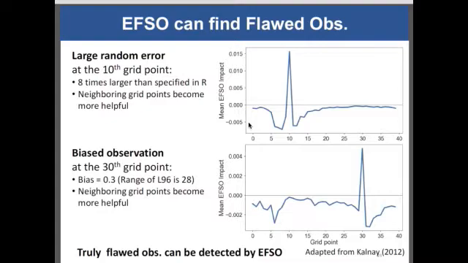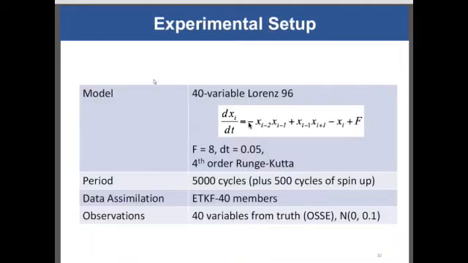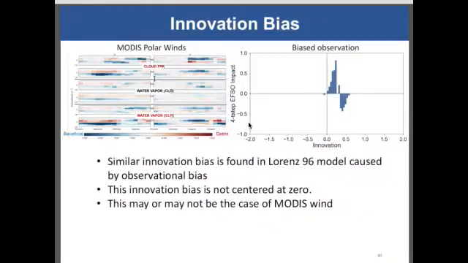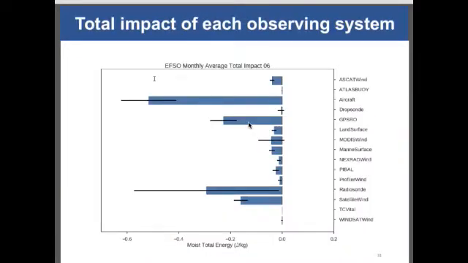We don't find that in the GFS experiment, because if that were true, you would probably have rejected it already by other kinds of QC. So this is the average total impact of all the non-radiance observation systems.